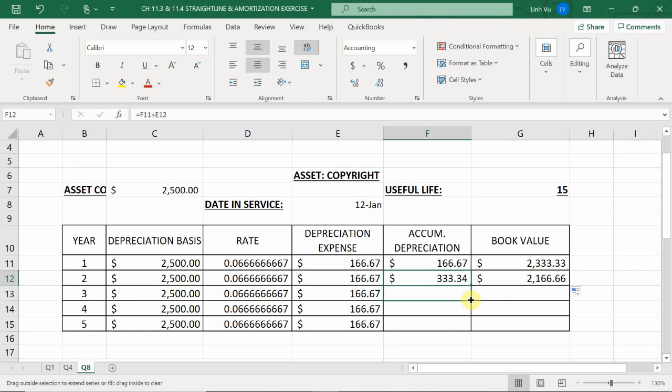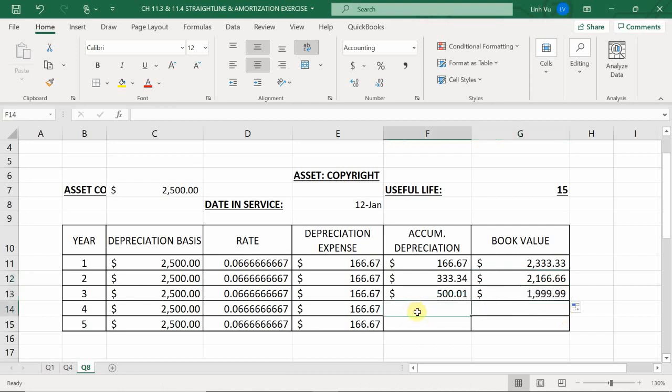It's going to be 501 cents, which brings my book value to 1,999.99.